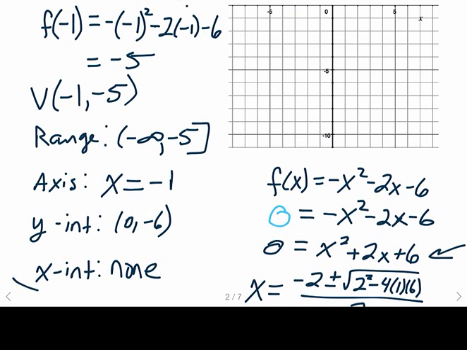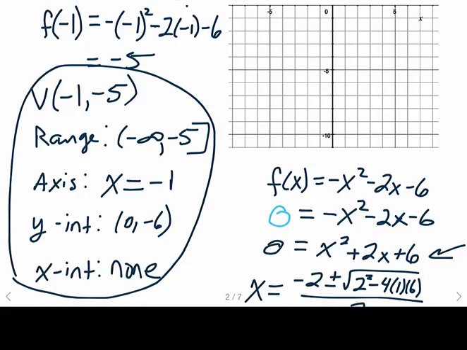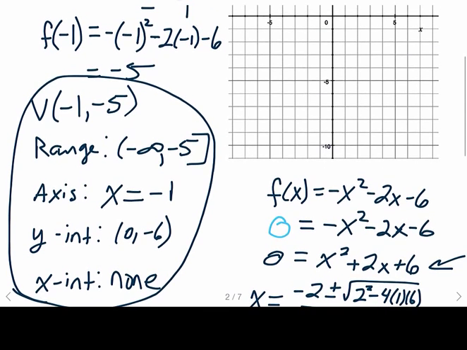Well, that's a lot of the information that I was asked for, so let me go ahead and highlight all that, circle it. But we're also supposed to sketch the graph, so ostensibly we should be able to use this information to do so. The vertex, negative 1, negative 5. Let me scroll down just a little more. Negative 1, negative 5 has been plotted there.